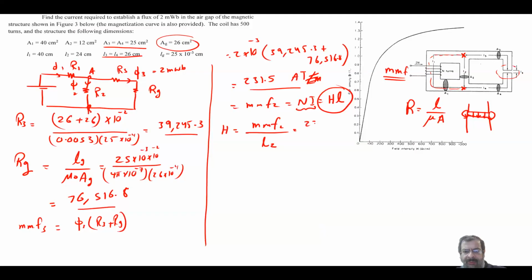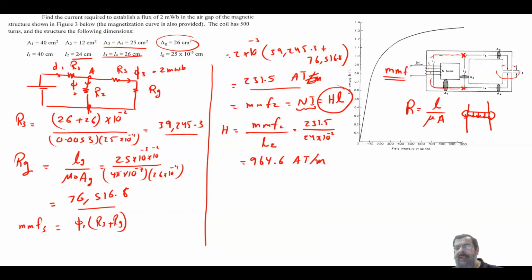So this is 231.5 divided by L2, which is basically equal to, where is L2? 24 centimeters. So 24 times 10 to the minus 2. And here we will get your H is equal to 964.6 ampere turn per meter.